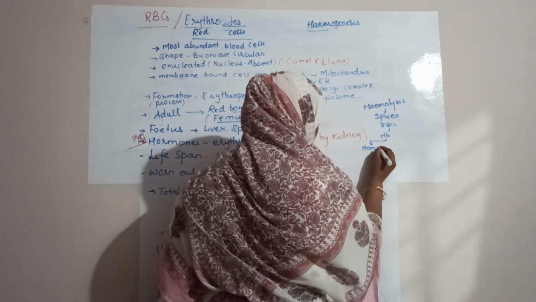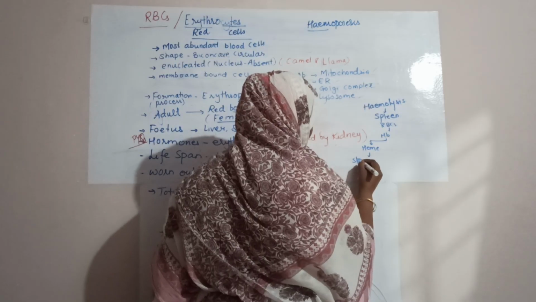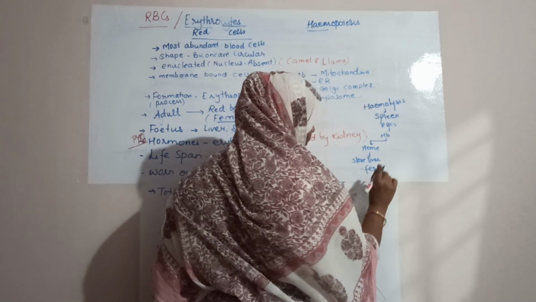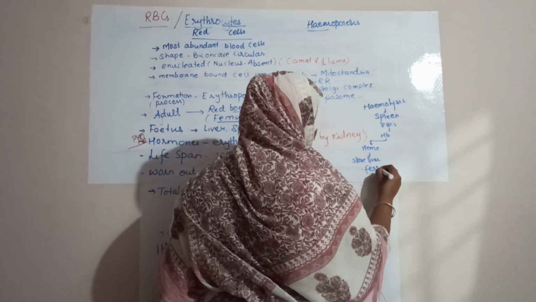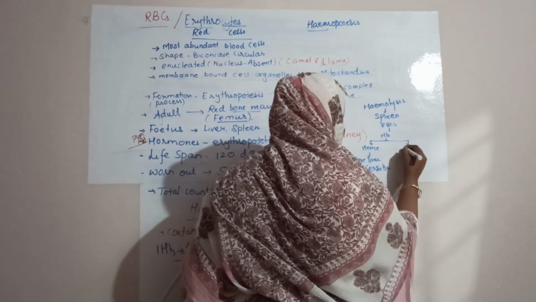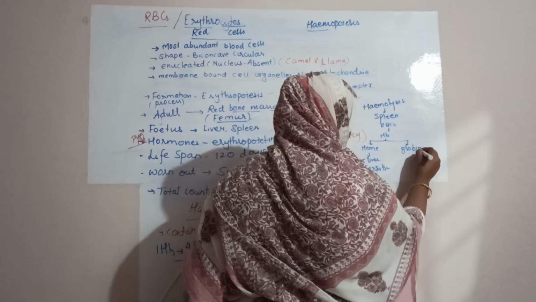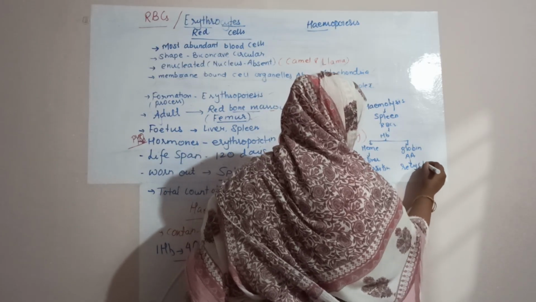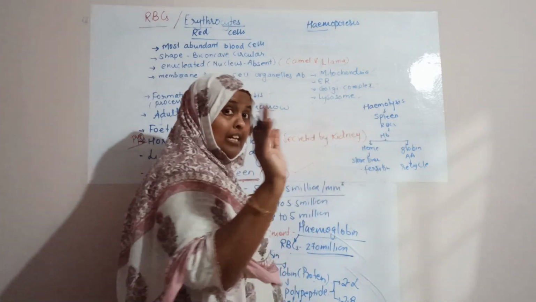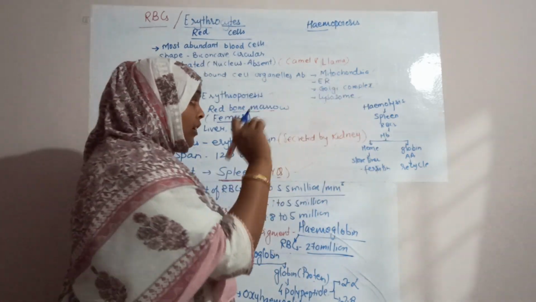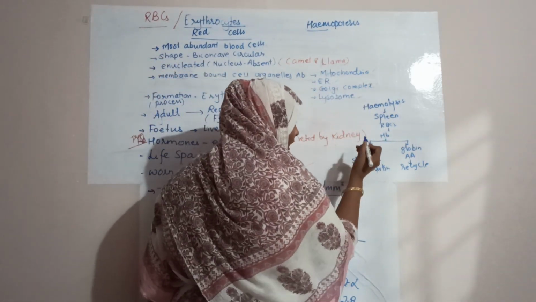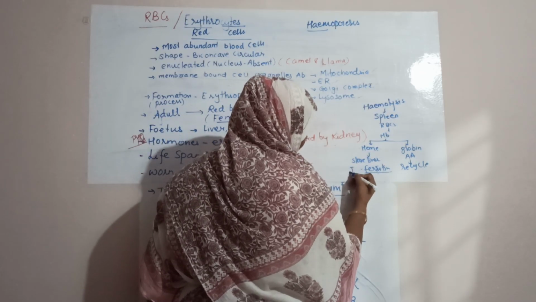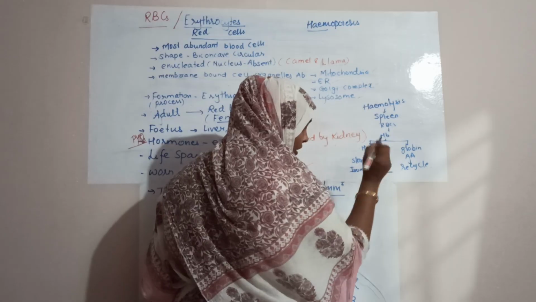The heme part is stored in the liver in the form of ferritin, and the globin chain is made up of amino acids, so they are recycled, not broken down. They are used again for the formation of new hemoglobin. The iron is stored in the liver in the form of ferritin.